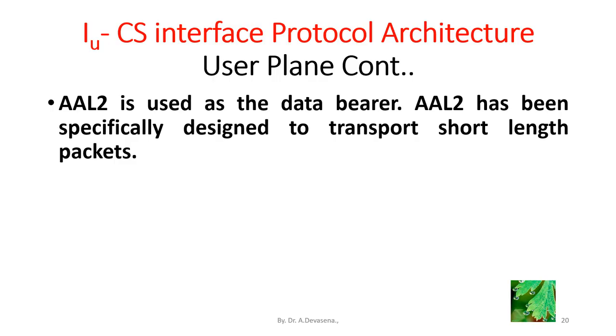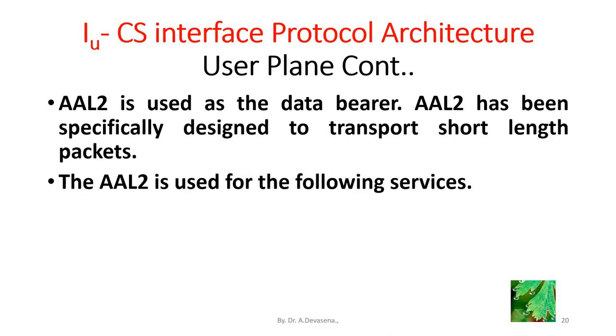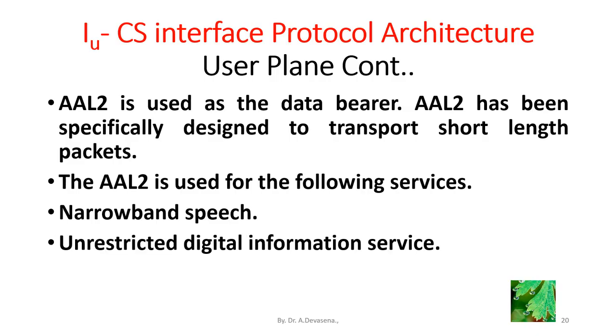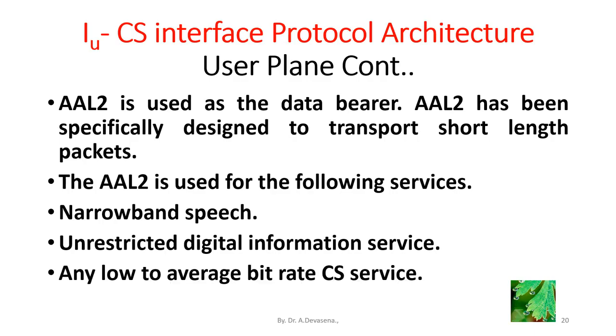AAL2 has been specifically designed to transport short length packets. The AAL2 is used for the following services. They are narrowband speech, unrestricted digital information service, and any low to average bit rate CS service.